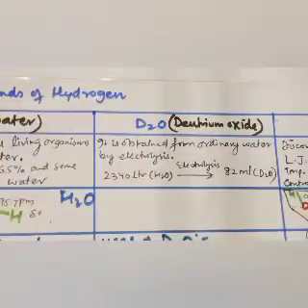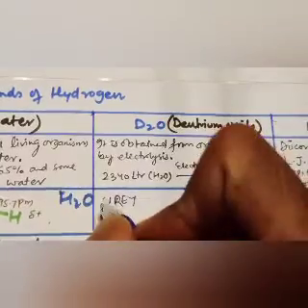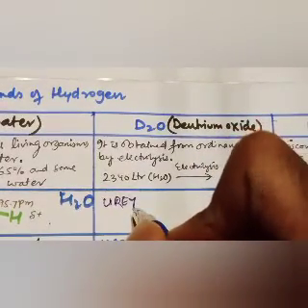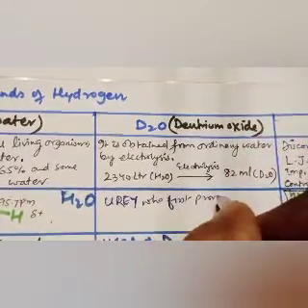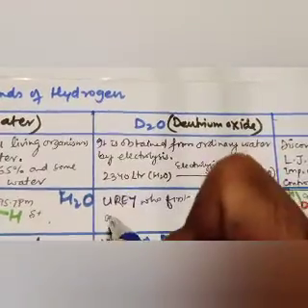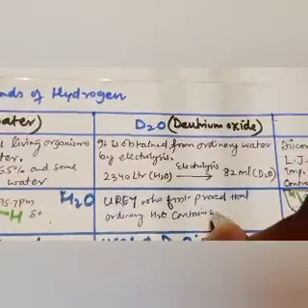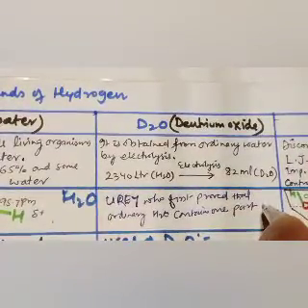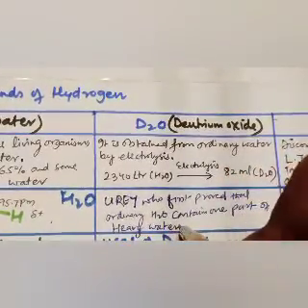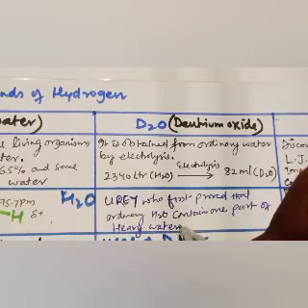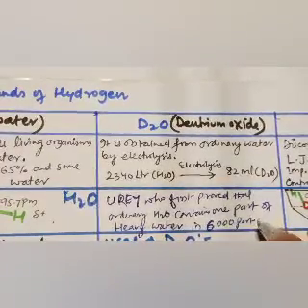Let me write, it is Urey, who first proved that ordinary water contains one part of heavy water in 6,000 parts of it.